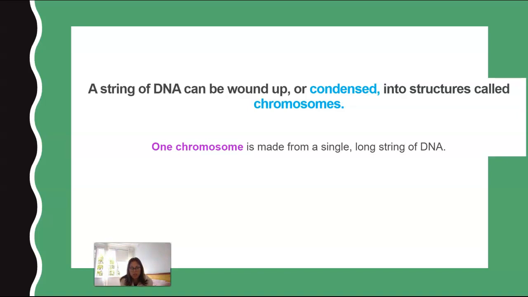So a string of DNA can be wound up and condensed into structures called chromosomes. One chromosome is made from a single long string of DNA. I want you to write that sentence in your book.